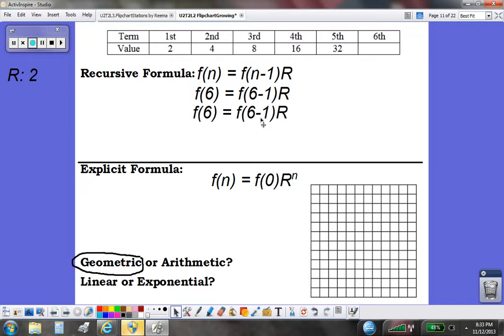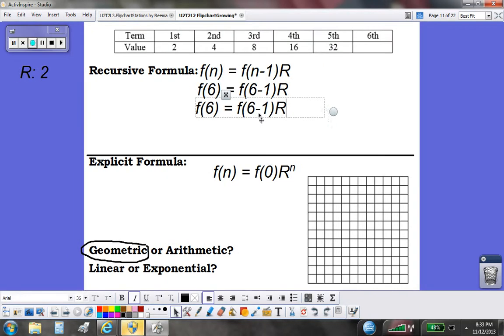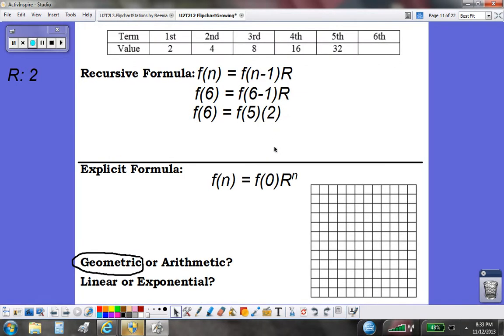So what I have here is f of 5. 6 minus 1 is 5. Times, let's go ahead and change the ratio to 2. Alright, so what I have here is f of 5 times 2. f of 5, if you look at the table, is the number 32.